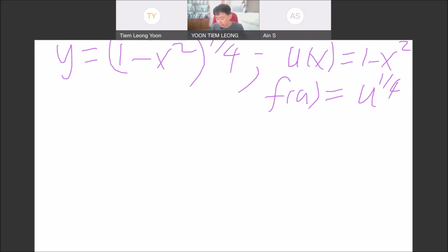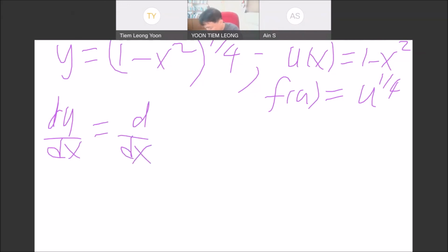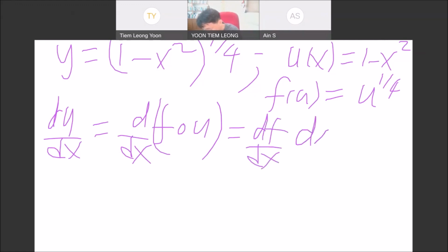In that sense, dy/dx, according to the chain rule, is just equal to df/du times du/dx.